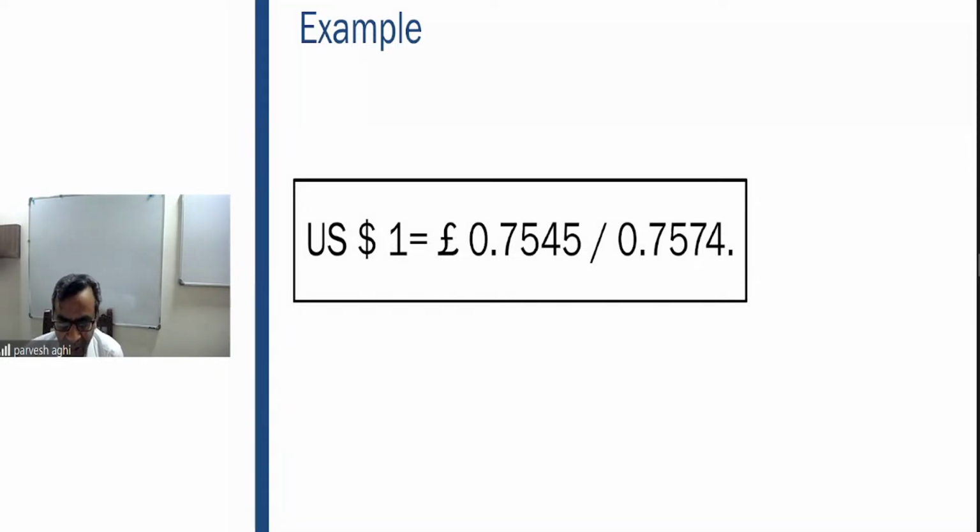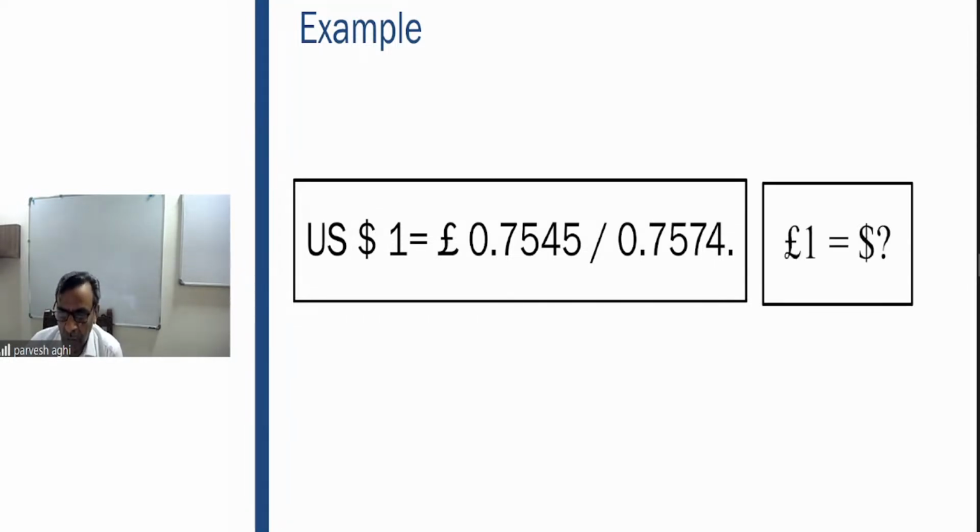Now you want to convert this into a quote in terms of dollars: £1 is equal to so many dollars. This is a direct quote in England and you want to convert it into an indirect quote in England, or a direct quote in America. So this is an exercise for you. Apply the rule, do it and let me know the answer.